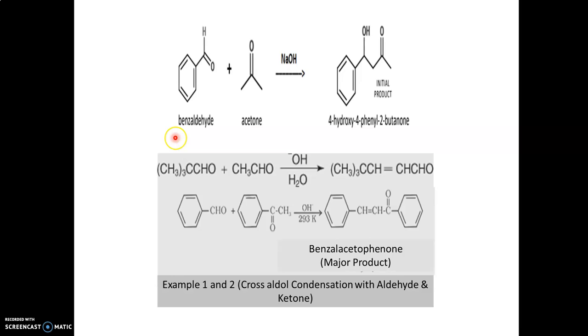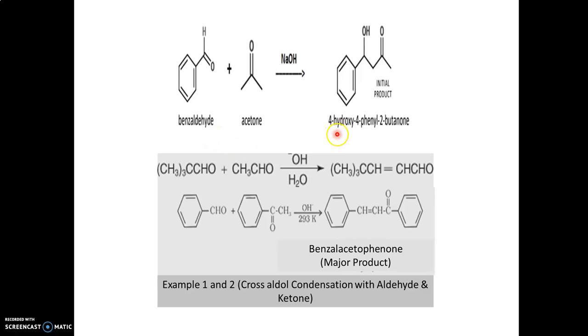Another example for a crossed aldol condensation is the reaction of benzaldehyde with acetone. The benzaldehyde molecule does not have an alpha hydrogen. It is going to react with an aldehyde having an alpha hydrogen. Since these are two different aldehydes, we call this type of aldol condensation the crossed aldol condensation.